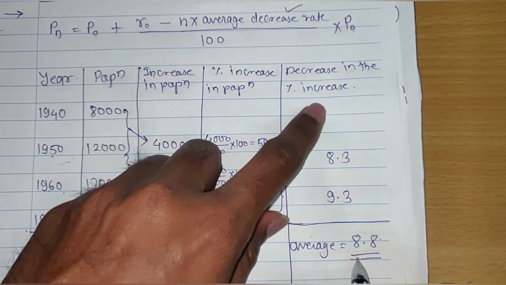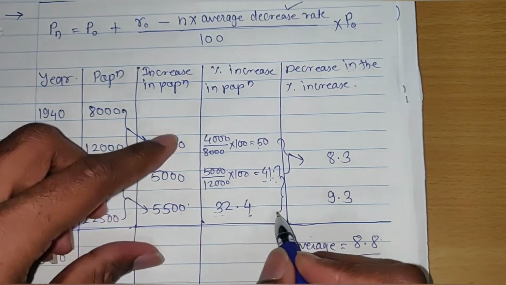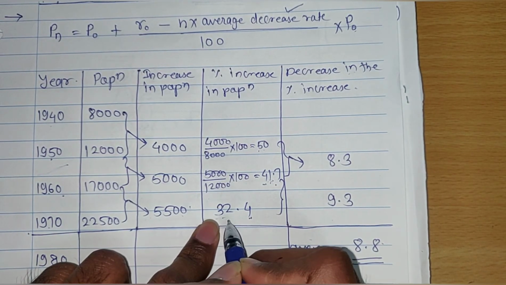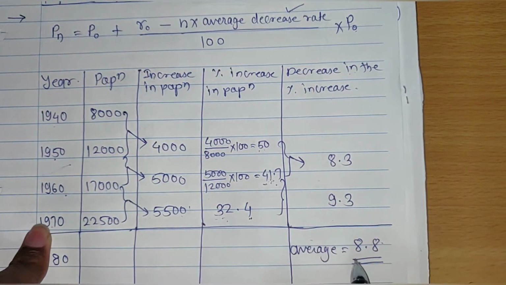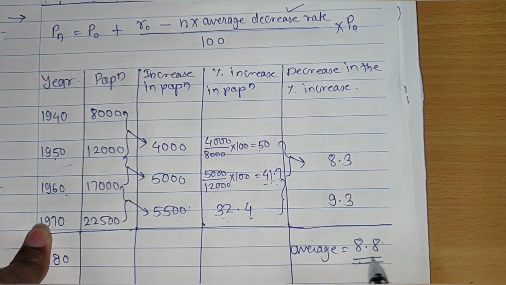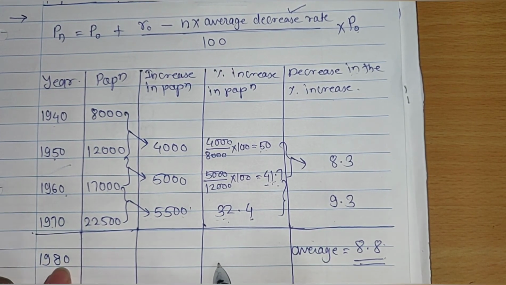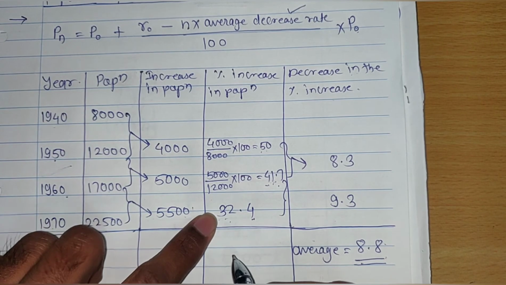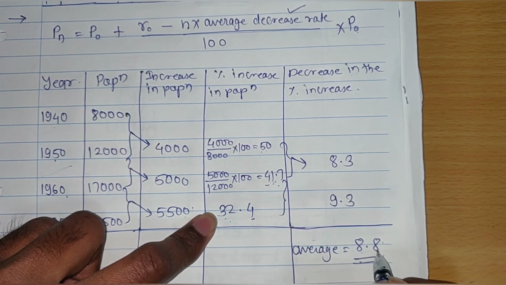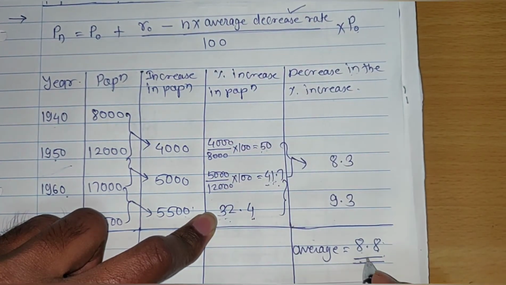So we have the value of percentage increase in population for 1970, and we know that the decrease in the percentage increase is 8.8. So for the next decade, 1980, the percentage increase in population is decreased by 8.8%, because the decrease in the percentage increase is 8.8.